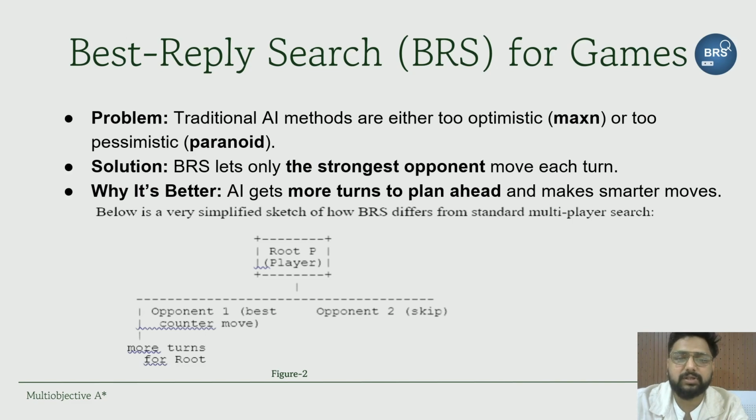You guys know about this. The player who has the strongest move is the only one who plays, or else we skip. You can see in the diagram that only our opponent is.